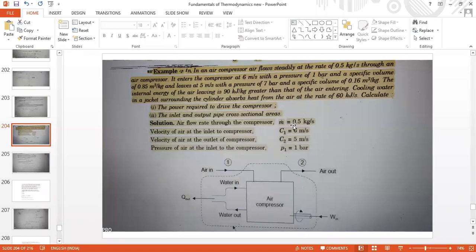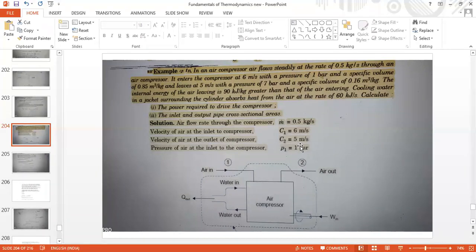Air flow rate through the compressor, m dot equal to 0.5 kg per second, is given. It enters the compressor at 6 meters per second, so the inlet velocity of air C1 is 6 meters per second, with a pressure of 1 bar, so the pressure of air at the inlet P1 is 1 bar.